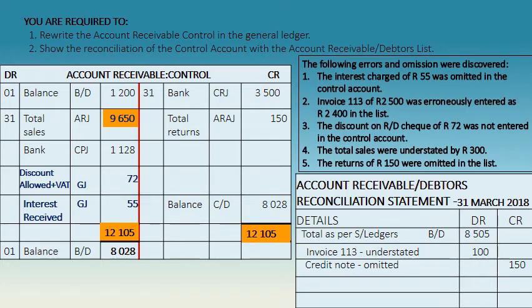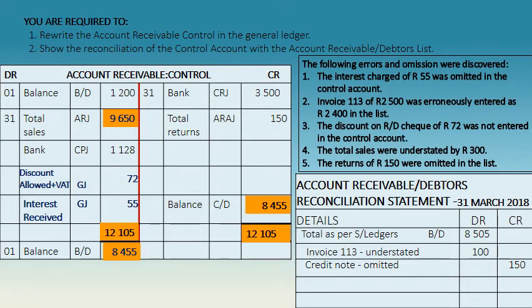The total calculated after the adjustment is 12,105, giving a balancing figure representing the closing balance of 8,455, which will be the opening balance in the new month of 800,455 rands.